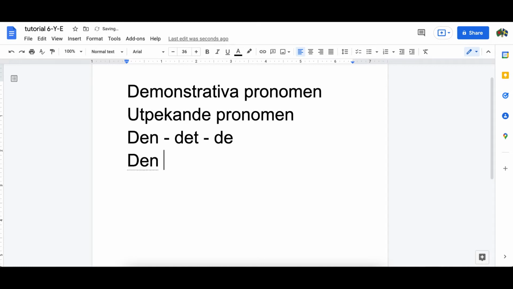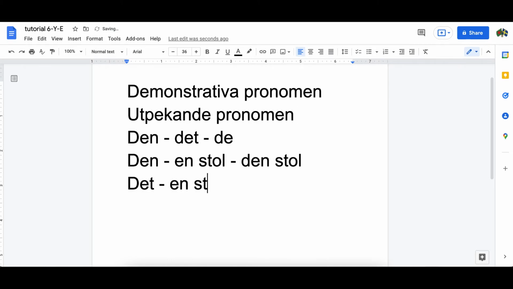So then we use när ordet är en ord. For example, en stol. Så om det är en stol, då vi säger den stol, means this chair. Men om ordet är det, då kan vi inte säga den stol.